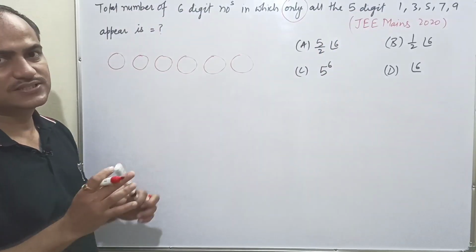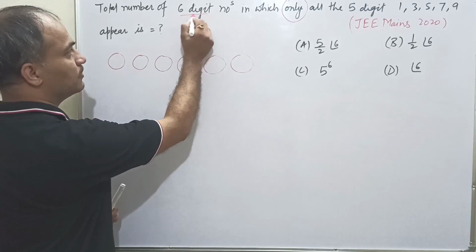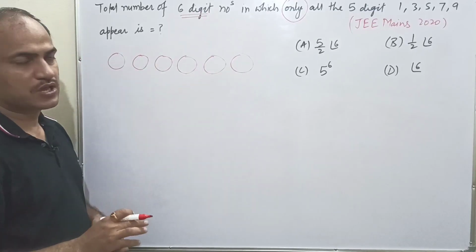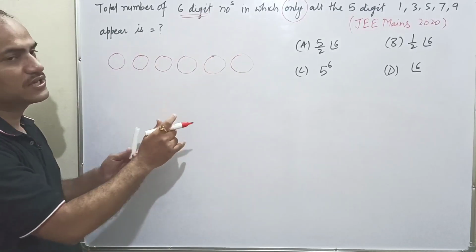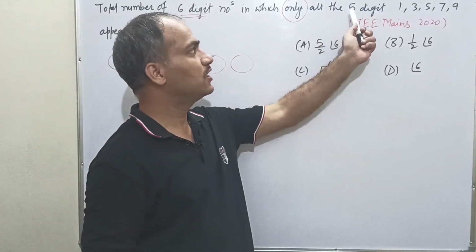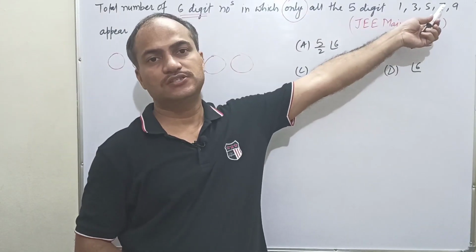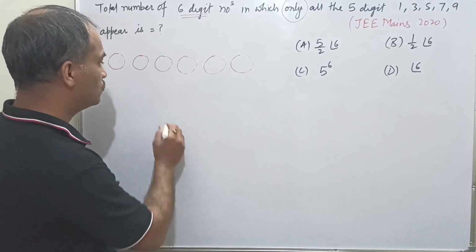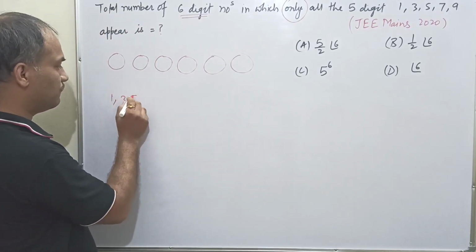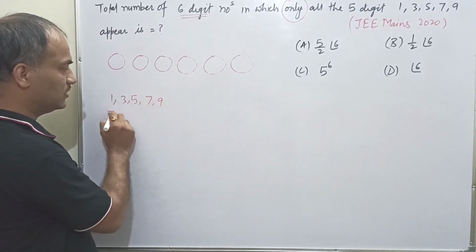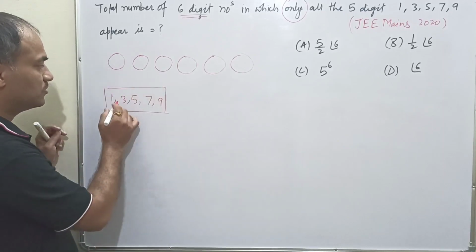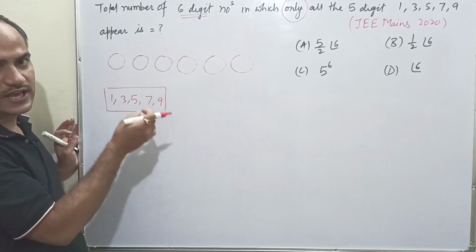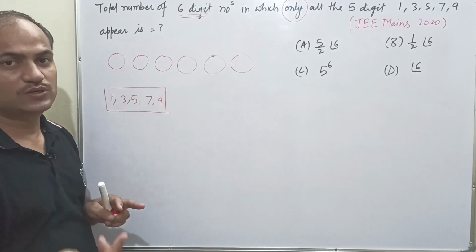The 6 places are to be filled by exactly and only these 5 digits: 1, 3, 5, 7 and 9. So it means any one of them will be repeated 2 times.